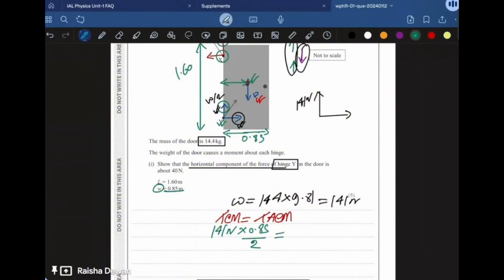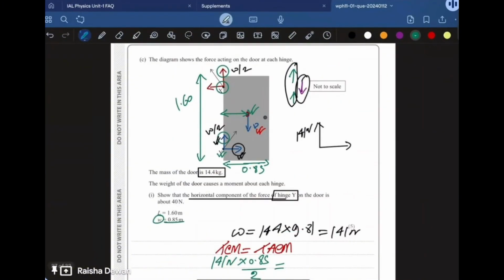For total anti-clockwise moment, we will take the horizontal component right here. Okay, we will consider the horizontal component of hinge Y, which is acting like this. This is the force, F horizontal, let's say.